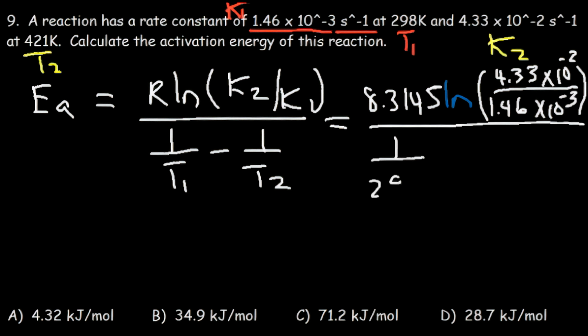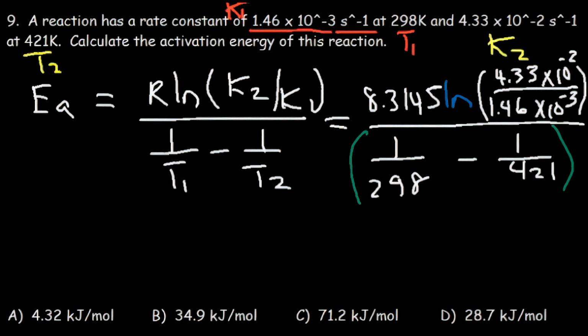T1 is 298 Kelvin, and T2 is 421 Kelvin. Now, if you wish to type this in directly all at once in your calculator, make sure you put parentheses in the bottom. Now, for those of you who like to do it step by step, I'm going to do it that way just for you in this video.